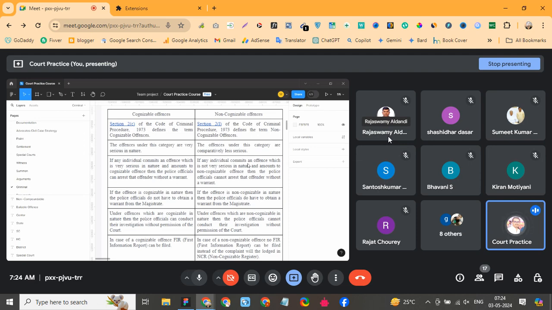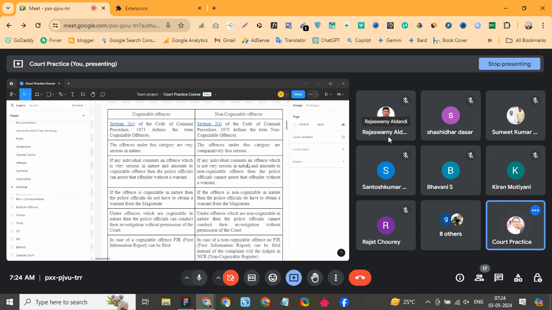So these things are there in the criminal scenario, basically for cognizable offense. Cognizable offenses are serious in nature, and that is why if any person wants to register a complaint, he has to register it on the basis of an FIR, first information report, because the crime or offense is serious in nature.